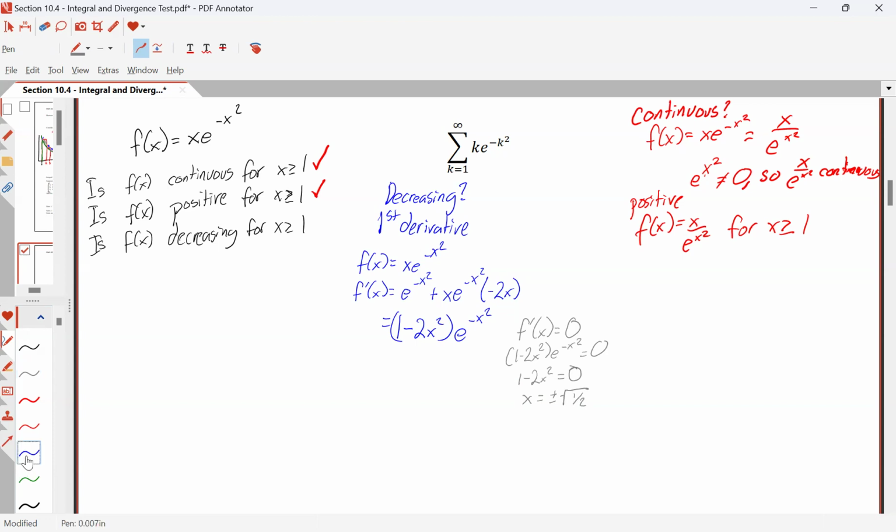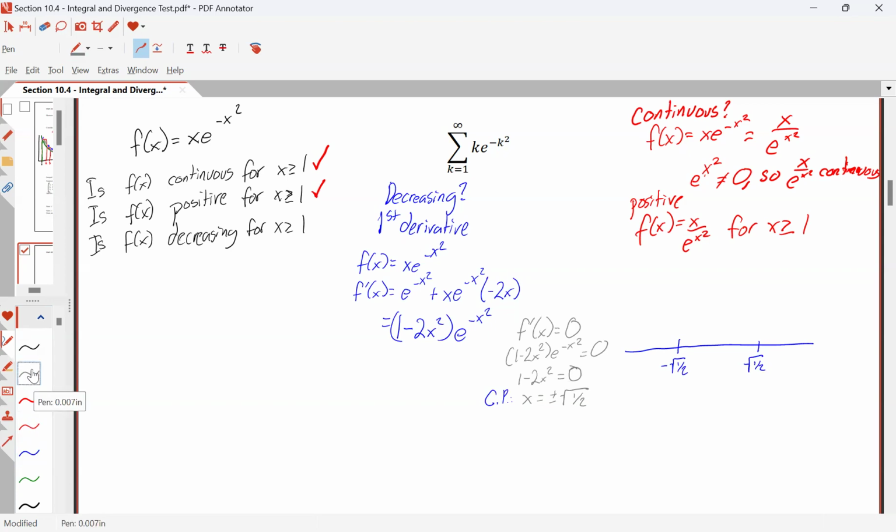That is our critical point. So setting up a chart, we know that it's possible for this first derivative to switch between positive and negative at negative square root 1/2 and positive square root 1/2.